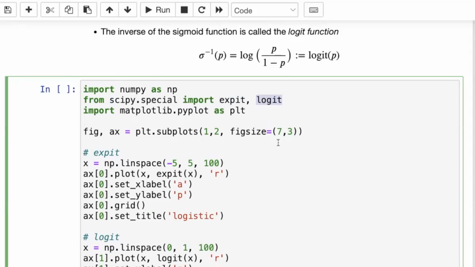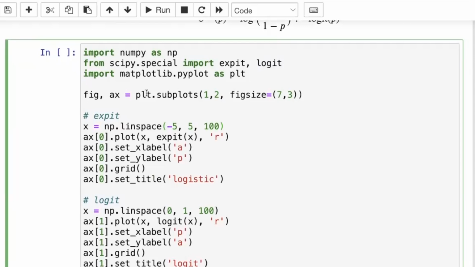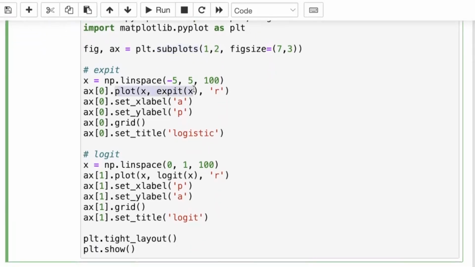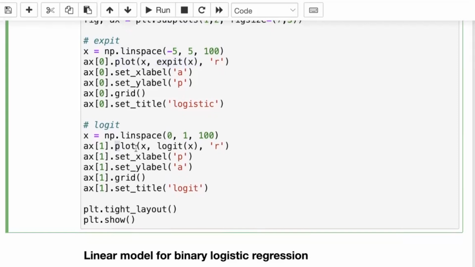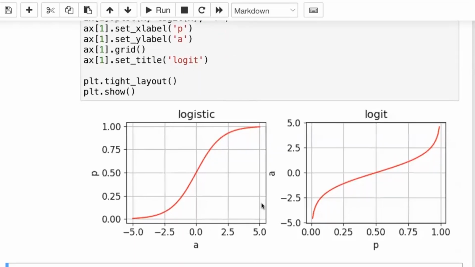So these two are inverse functions. And we can actually plot them, right? So here we use subplots that we learned when talking about matplotlib. We create a 1 by 2 grid, and you can see that in one case we are plotting this logistic function, and then in the second plot the logit function. And if you run this, you see the familiar logistic function and then the logit function.